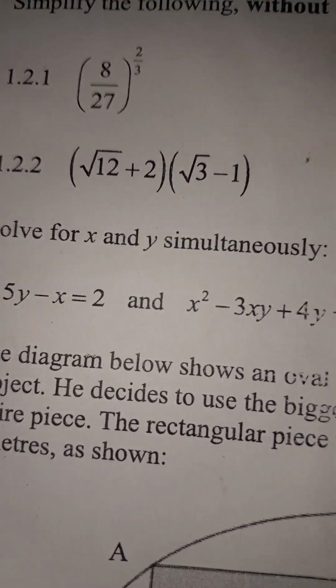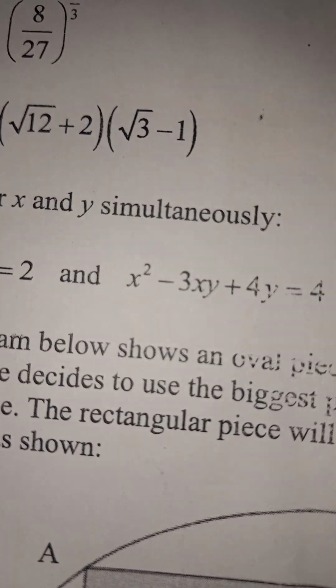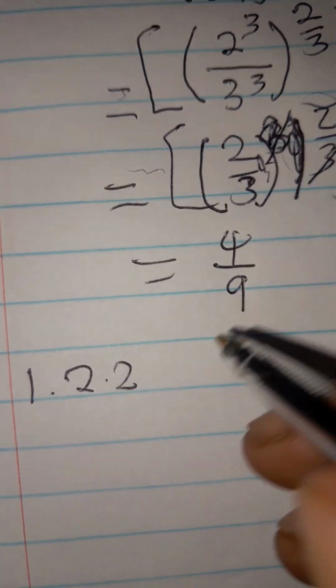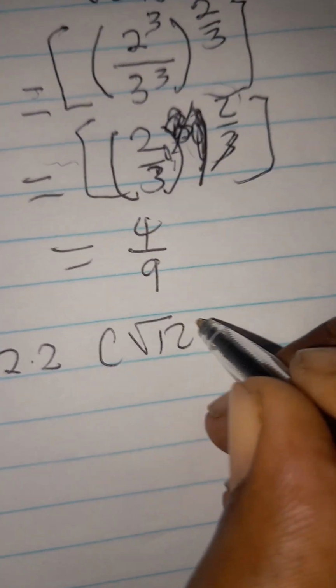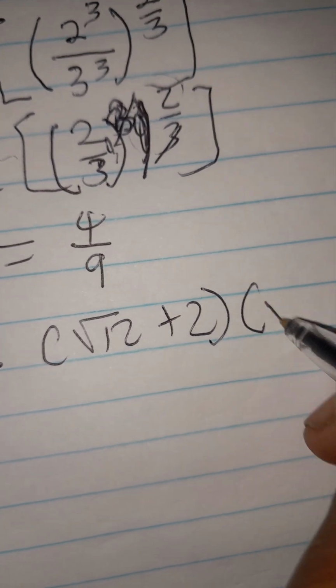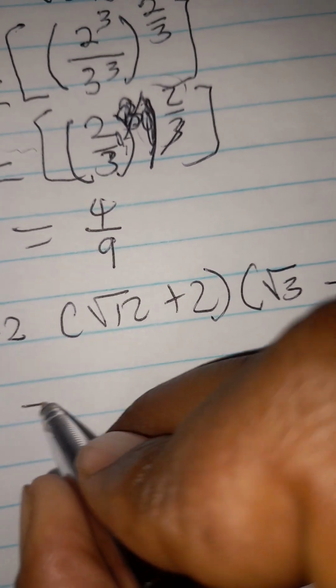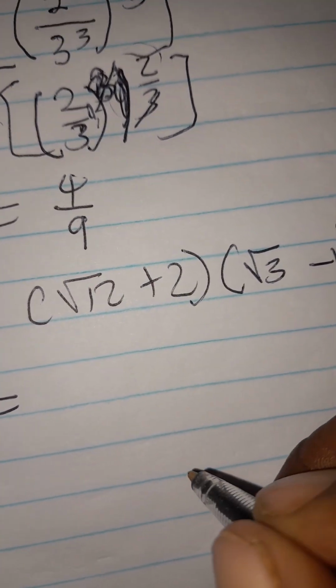Let's go to this. We are given root 12 plus 2, and root 3 minus 1. Let's put this into practice also. So remember, it's 1.2.2. So we are having root 12 plus 2 times root 3 minus 1. You can use a distributive law or a FOIL method. I prefer a FOIL in this case.